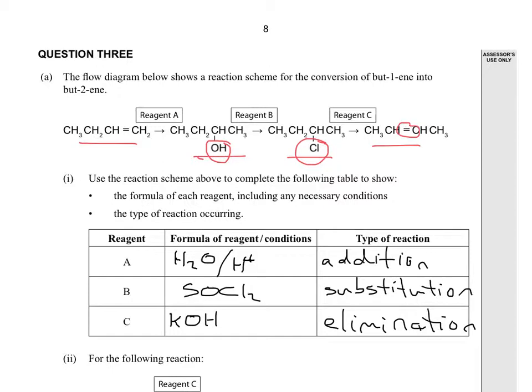You could write hydroxide or OH minus. But the most important part here, since it's going to an alkene, is that the hydroxide must be dissolved in alcohol. That's alc, to get our elimination reaction to happen. If we didn't do that, then our major product would be an alcohol if it was dissolved in water.